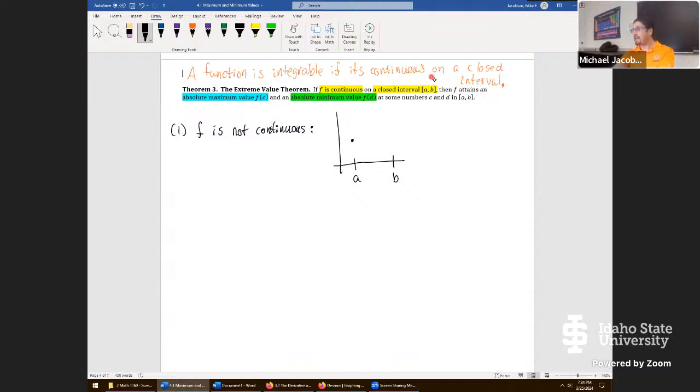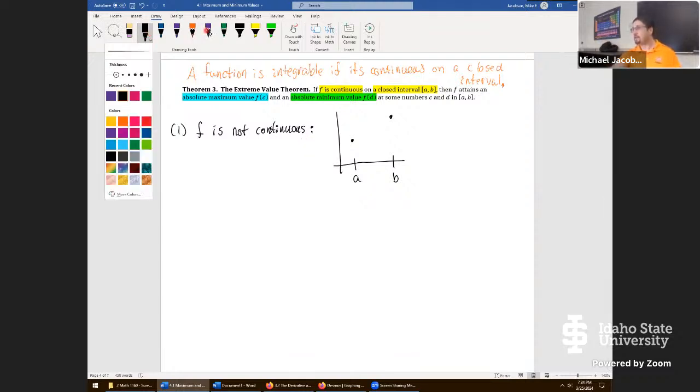A closed interval implies I have to put a solid dot right at a, a solid dot right at b. I can't put an open circle any longer. But because f lost its continuity, well, what am I trying to do? I'm trying to show it doesn't have to have an absolute maximum, nor an absolute minimum. I'm trying to show we broke the whole theorem the moment we eliminated continuity from it. Here's how we can do it.